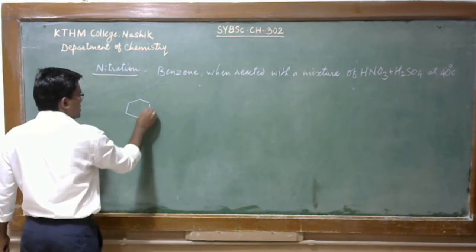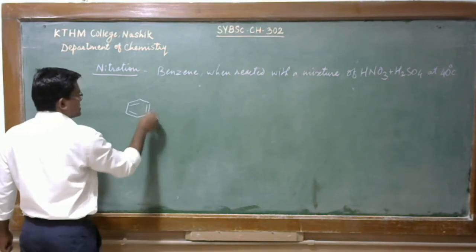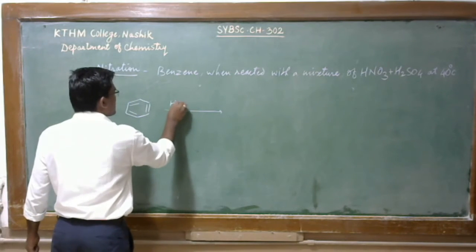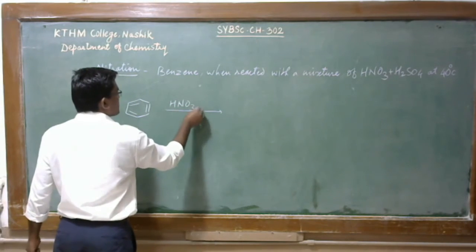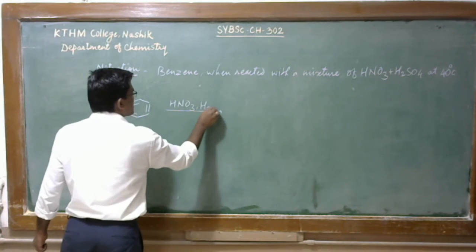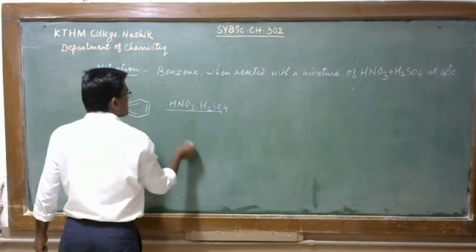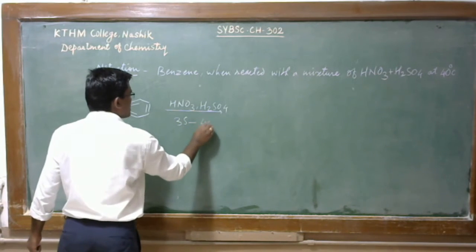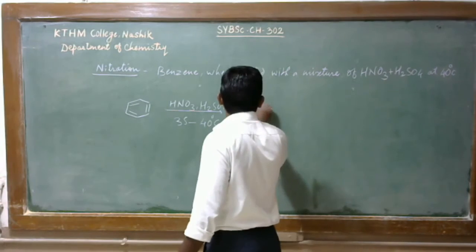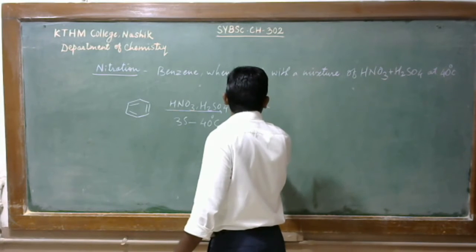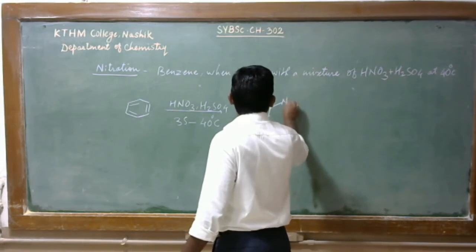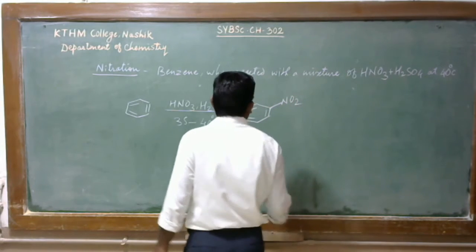Let us have the example. Benzene, HNO3, H2SO4 at 35 to 40 degrees Celsius, nitrobenzene.